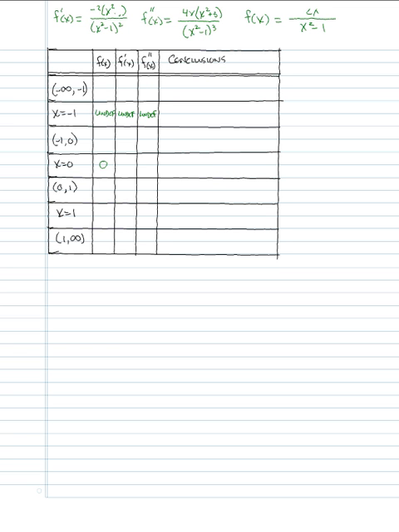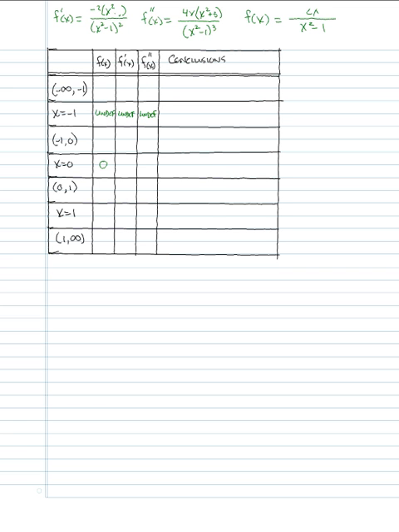And so we have undefined all the way across there. So we can't have a relative maximum or a minimum or even an inflection point, can we? Because the function's not defined there. So, oh yes, remember that's where we had a vertical asymptote. Oh yeah, okay. That's what's going on.